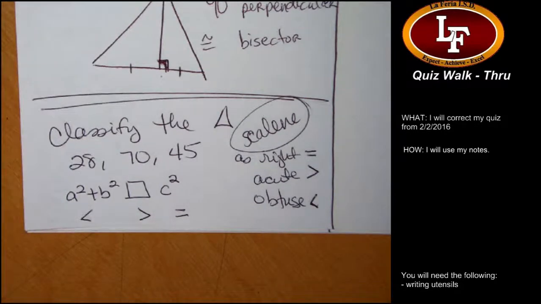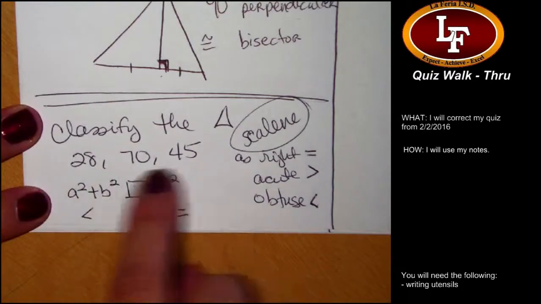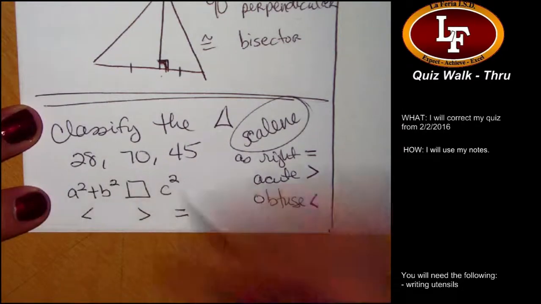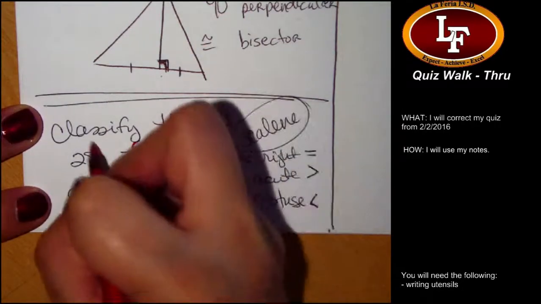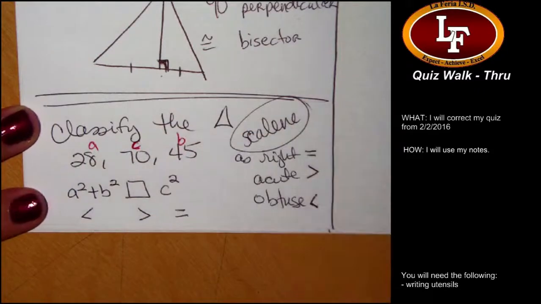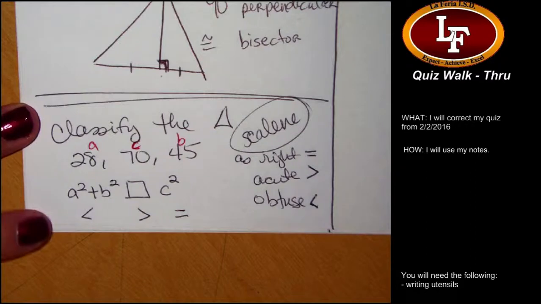The next concern that I saw was not finding the longest side. For this to work, the longest side must be C. And so which of these three numbers represents side C? The 70. If you accidentally put any other number in place of C, you generated the incorrect relationship.